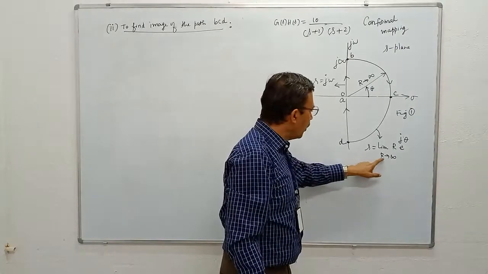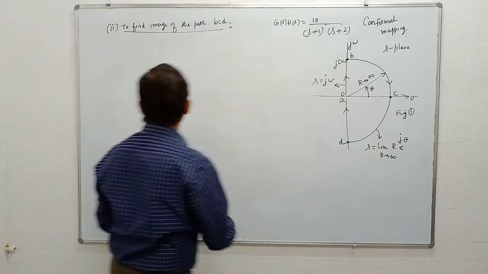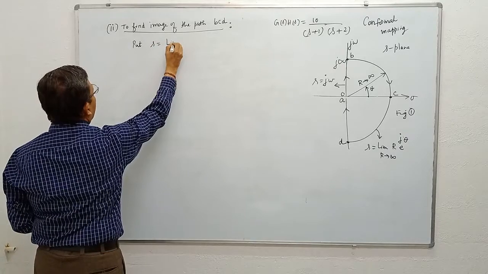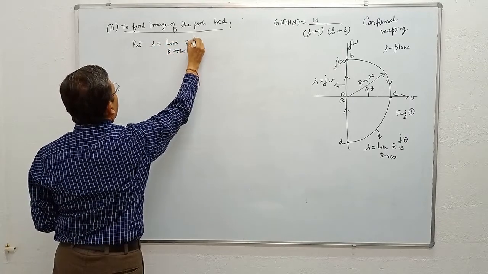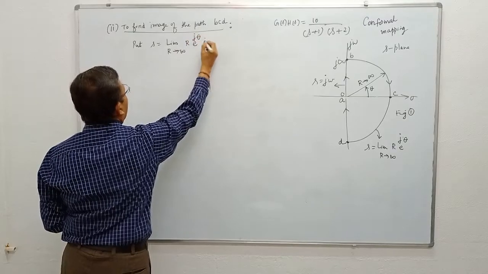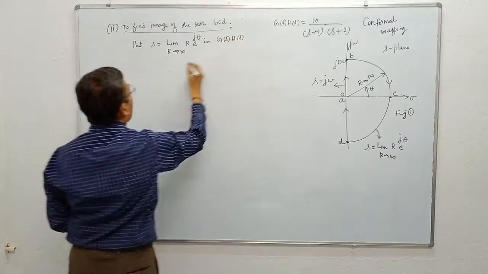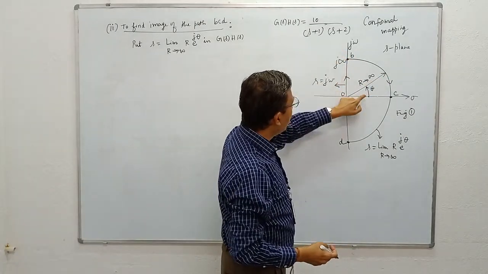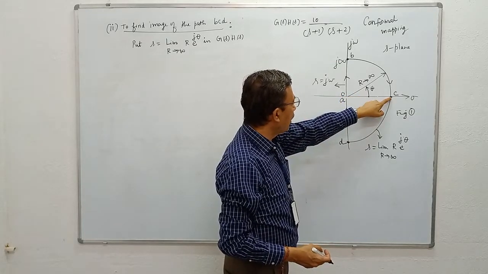S is equal to limit r tending to infinity r into e to the power j theta. Put S equal to this in G of S H of S. When this radius vector is at point B, theta is plus 90. When the radius vector is at point C, theta is 0.